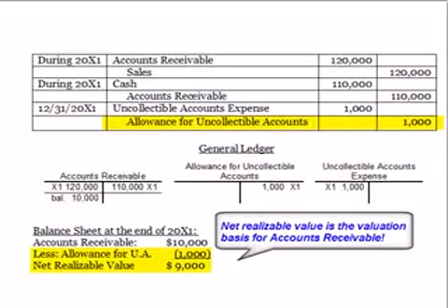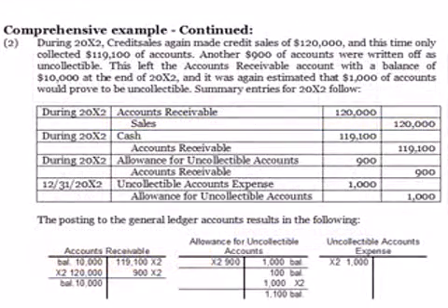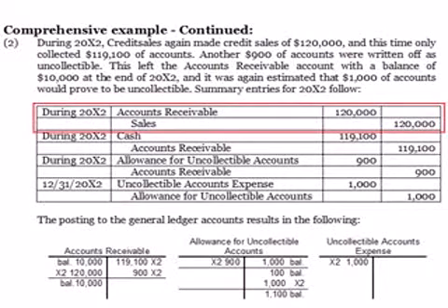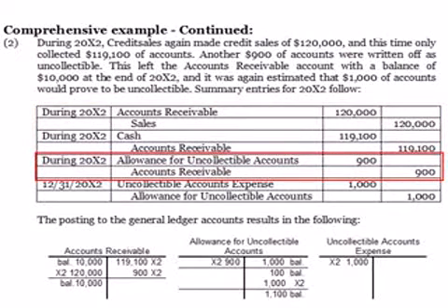Let's look at the entries made to record the transactions during 20x2 under the allowance method. During 20x2, we again record credit sales of $120,000 and the collection of $110,000 of these sales along with $9,100 of the beginning balance in accounts receivable. The other $900 of the beginning balance turned out to be uncollectible. When we record this write-off in 20x2, we credit accounts receivable in the general ledger and in the customer's file in the subsidiary ledger.